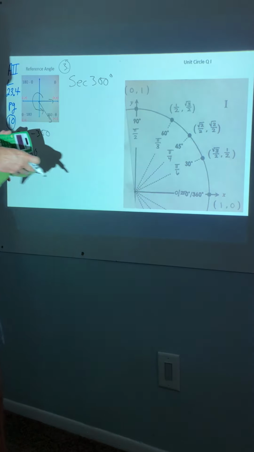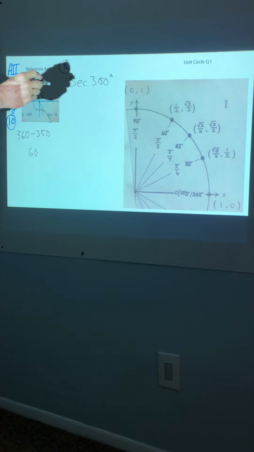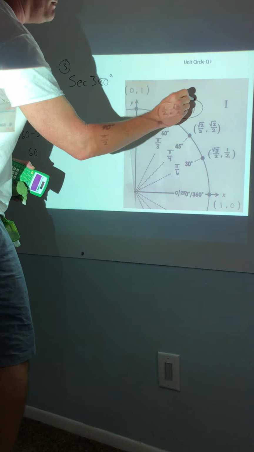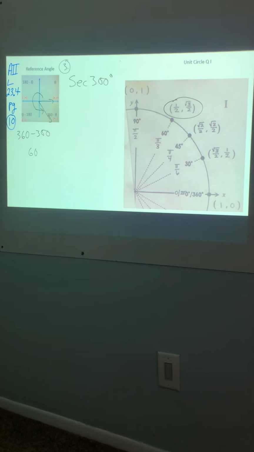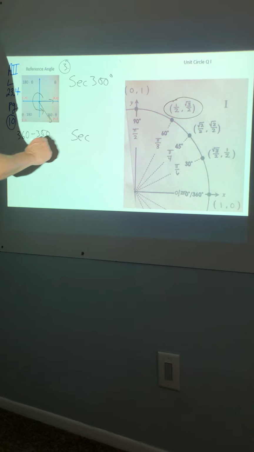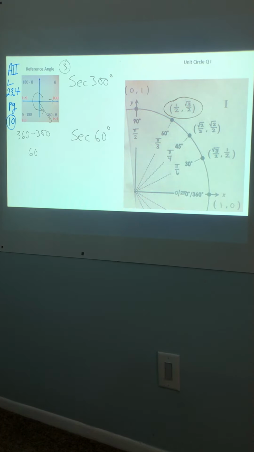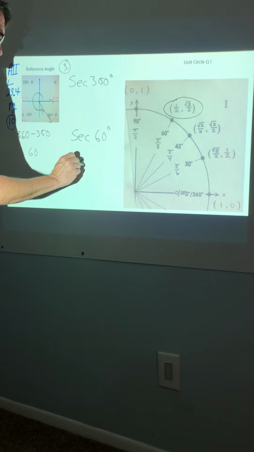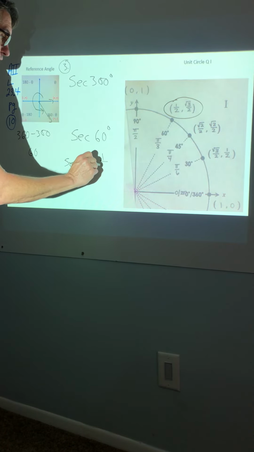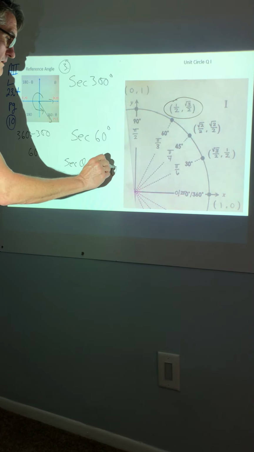Here we go. We're looking at 60 degrees right here. We're looking at the secant for the reference angle of 60. Do you guys remember what secant is? Good. Secant of theta is 1 over cosine of theta.